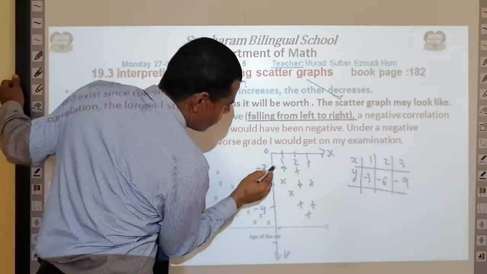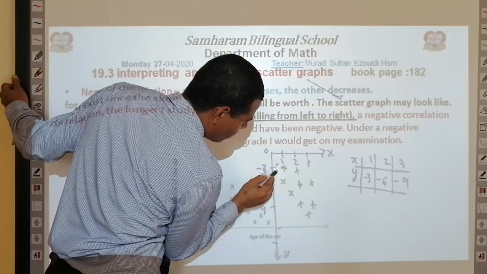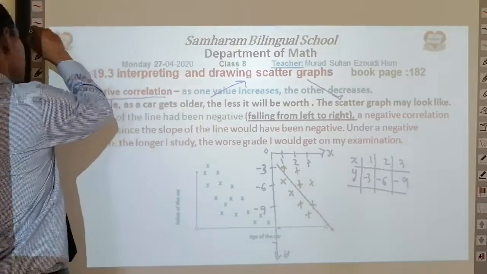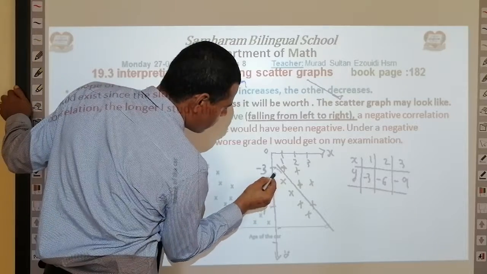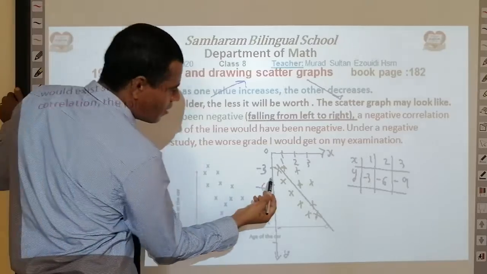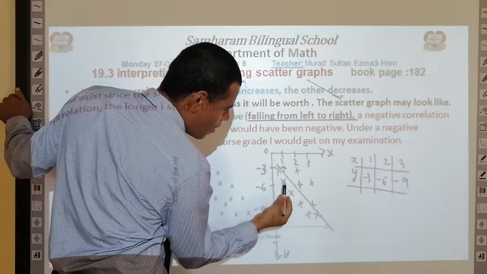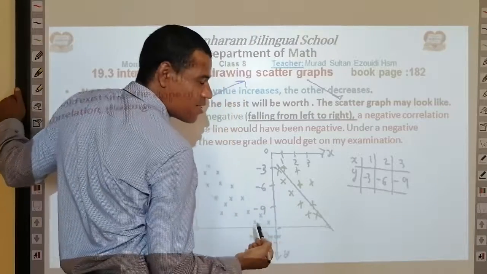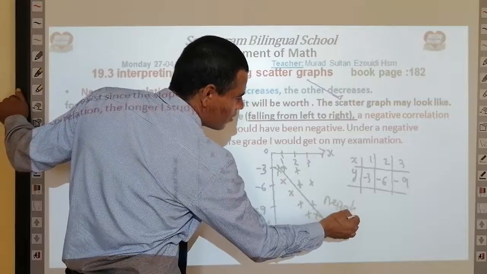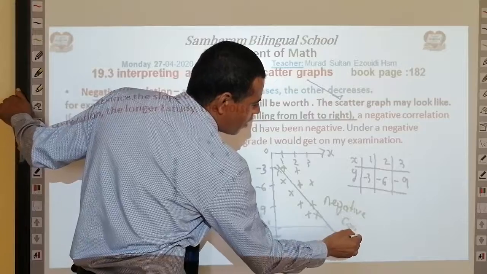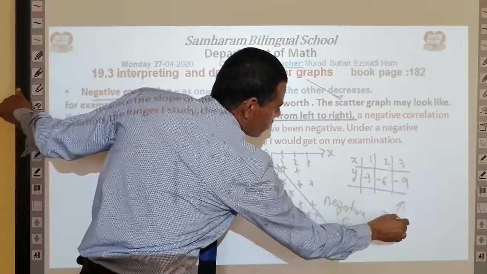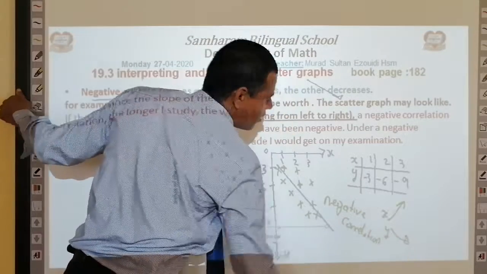And you can see if I draw the best line of fit like that, and add another point, the slope of the line is negative. So, as it is negative, it's called negative correlation. Why? Simply because when x increases, y is decreasing.